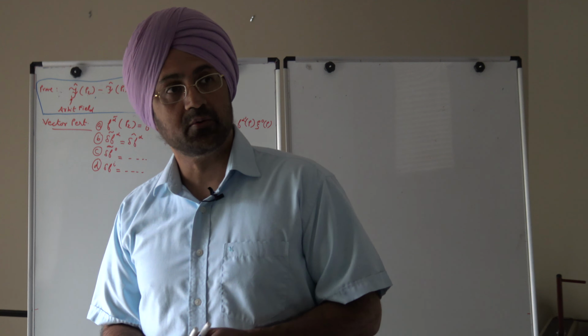So what is the first step? The first step is that this expression that we have derived for an arbitrary field, we need to write now for a vector. So let us write this expression for a vector. And what do we get? Instead of f caret, I'm going to write f alpha.